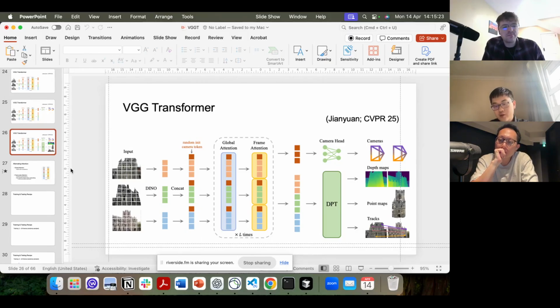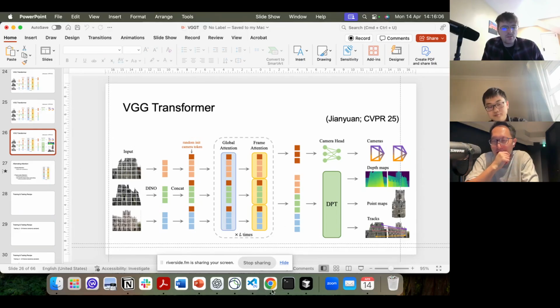In VGGT, we hope to make it a deep-only framework without any geometric priors, without any multi-view geometry supervision signal or multi-view geometry inductive bias inside the framework. I guess that's why it attracts attention in the community, because the community also thinks it's time to go for a fully deep-only framework now.